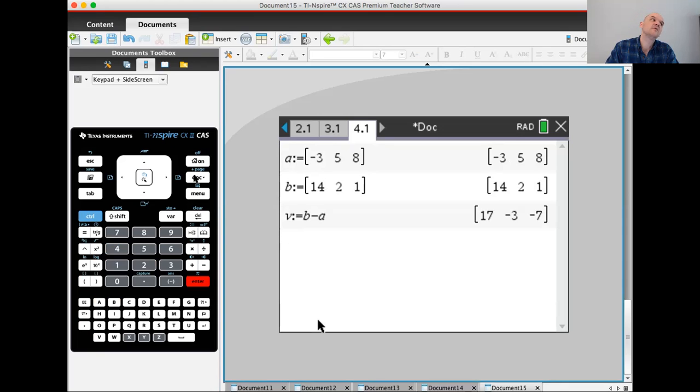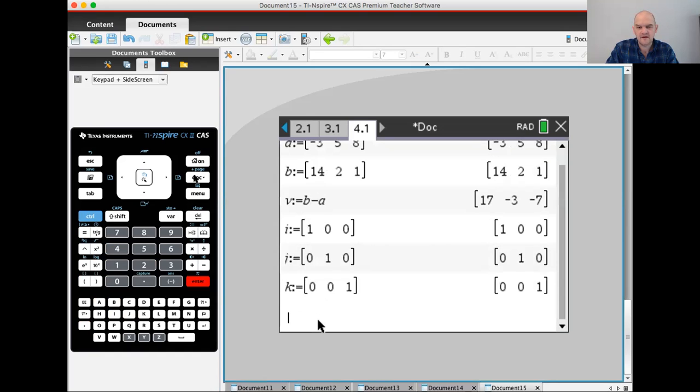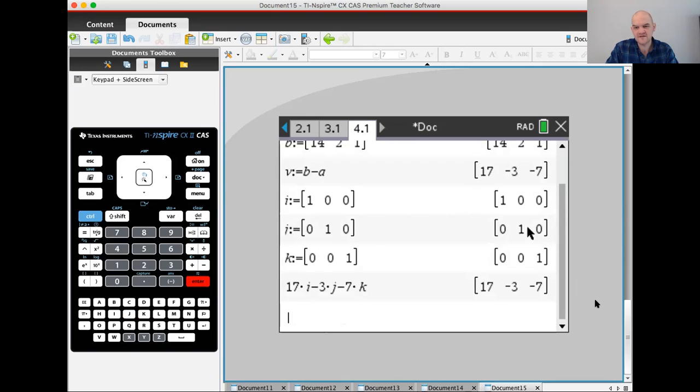And then what can we do? If you wanted to, you could define i as 1, 0, 0, j as 0, 1, 0, and k as 0, 0, 1. I would not do this, but you can. And then we can do 17i minus 3j minus 7k. This is what it means for it to be a linear combination. And we see that we get the same thing.